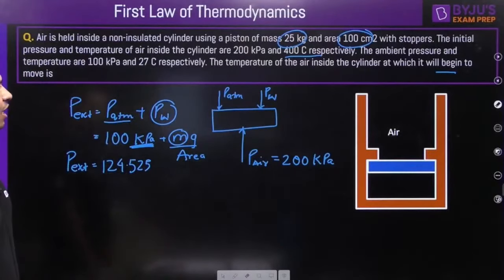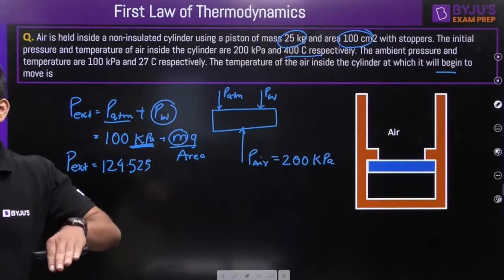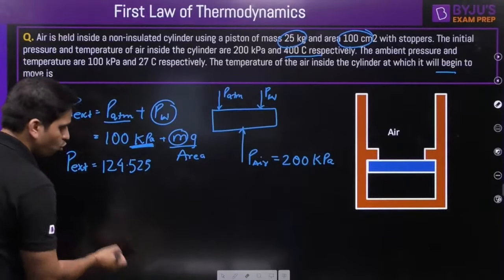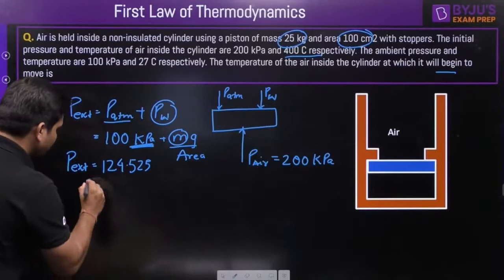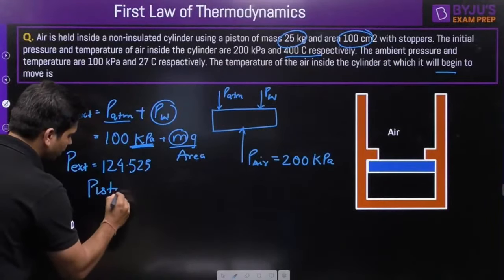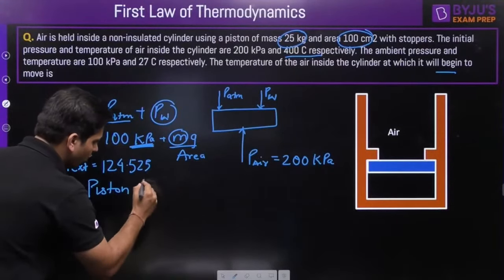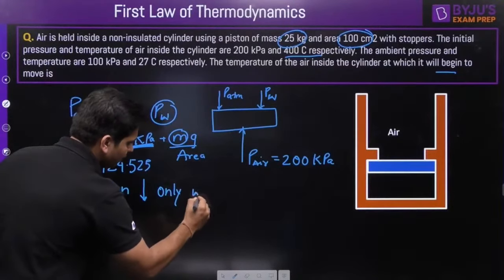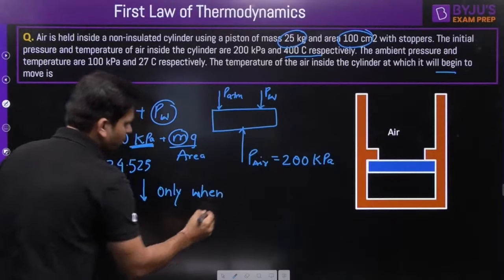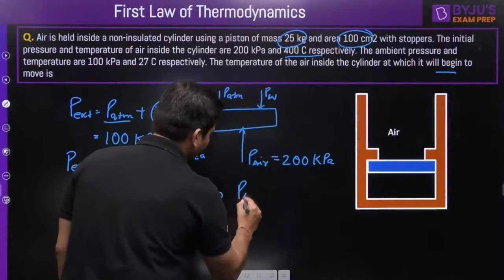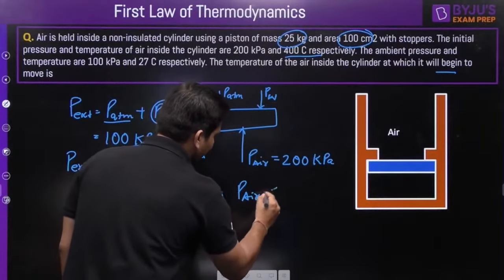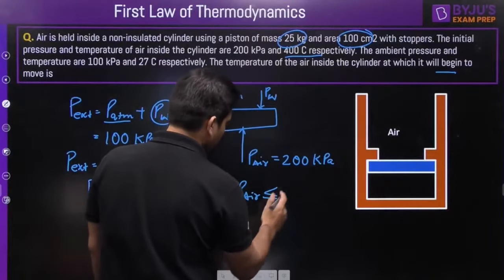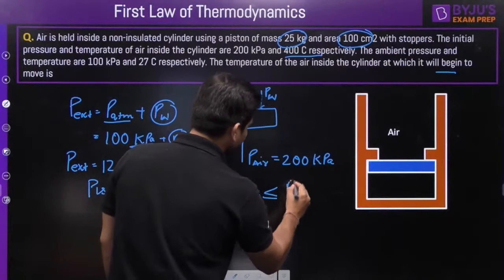Now they are saying you have to find out the temperature at which the piston will start moving. Now when the piston will start moving, piston will move down only when pressure of air is less than P external.